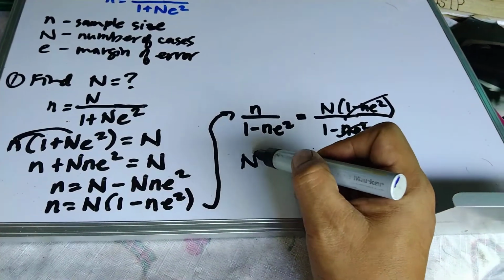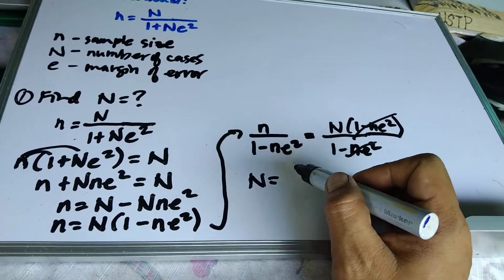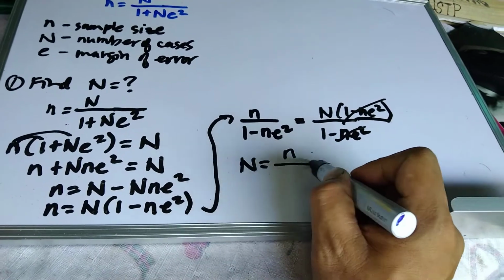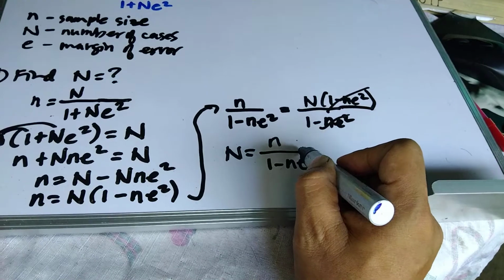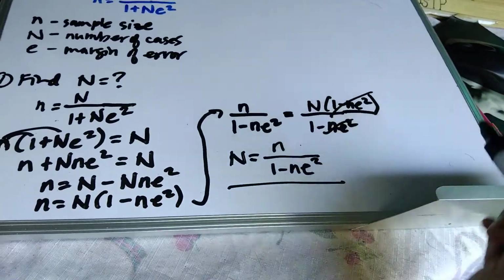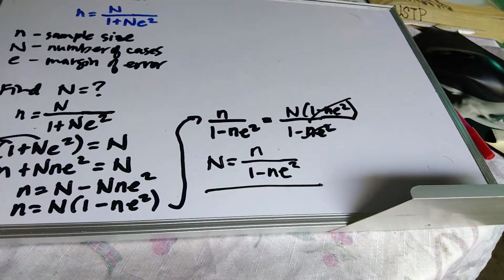So it follows that our capital N, or the number of cases, is just equivalent to small n all over 1 minus n e to the power of 2. And that is how to compute for capital N.